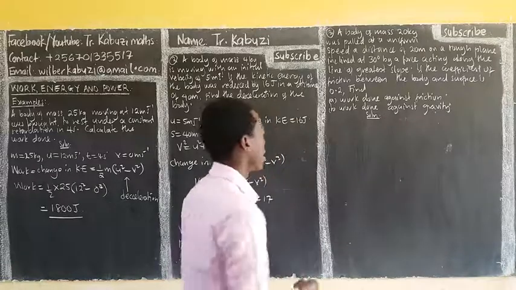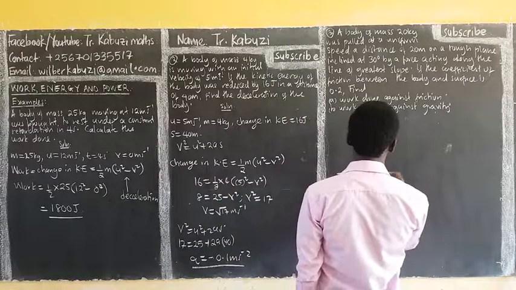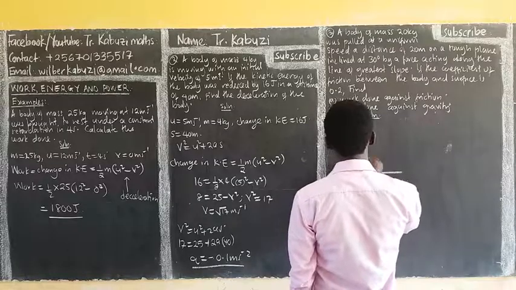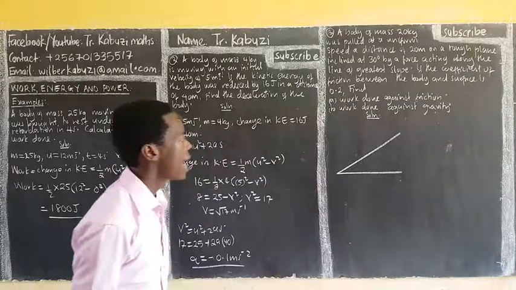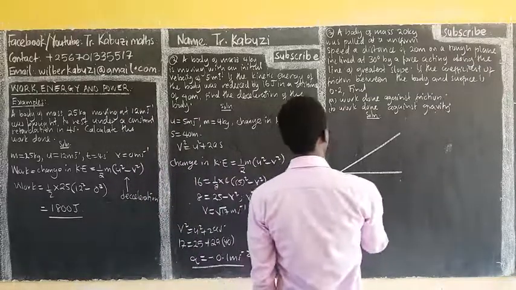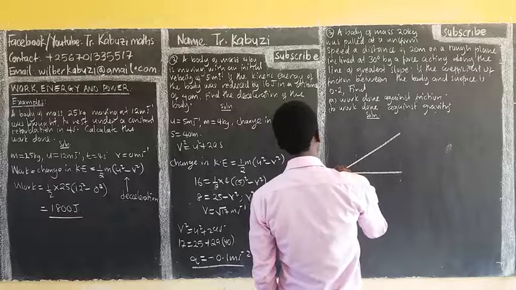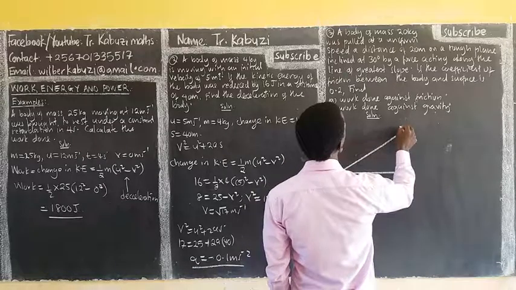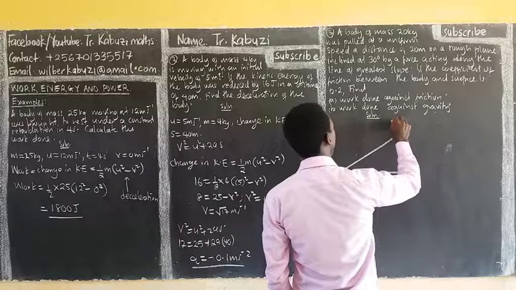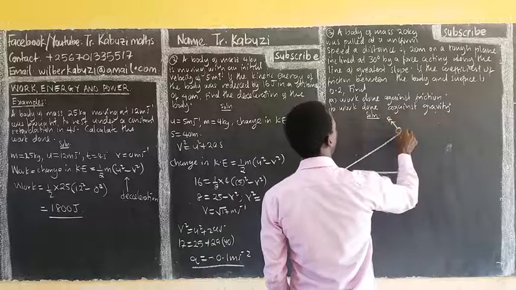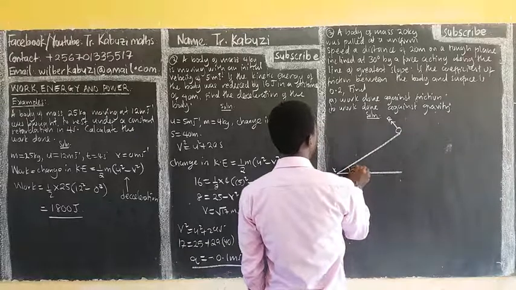We first sketch. So I come with my sketch here. This was the distance here. Let us say our body is now here. If our body is there, we are going to have a reaction. This plane was inclined at 30 degrees.